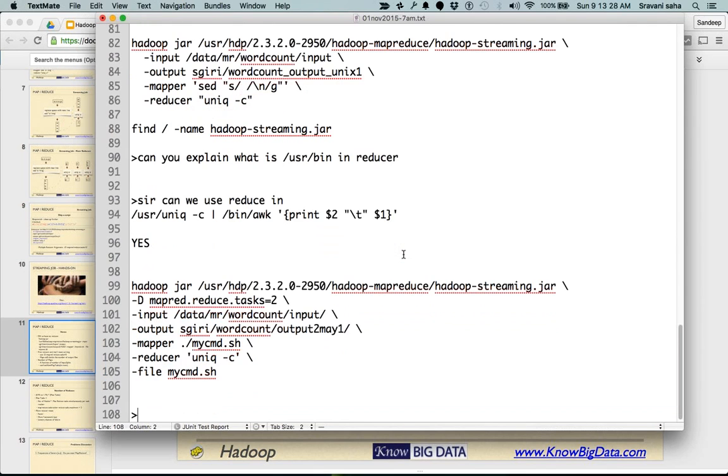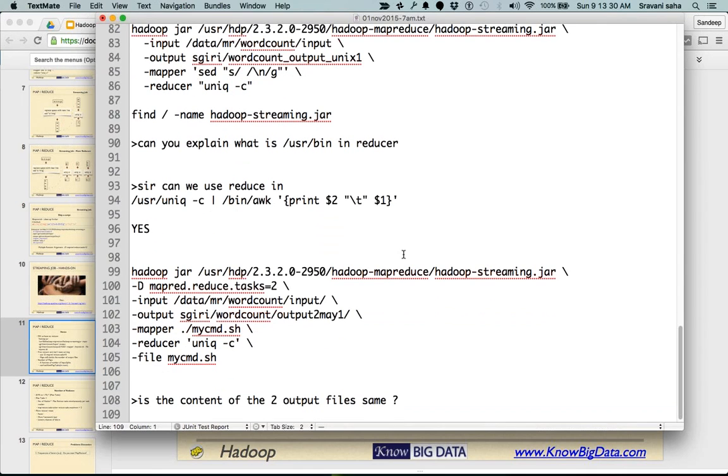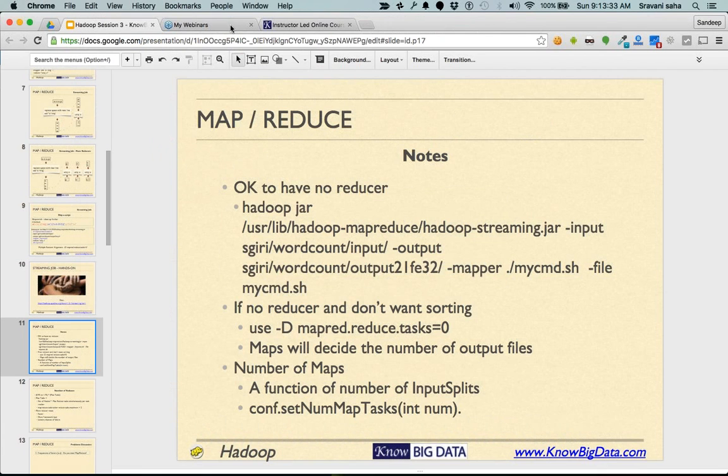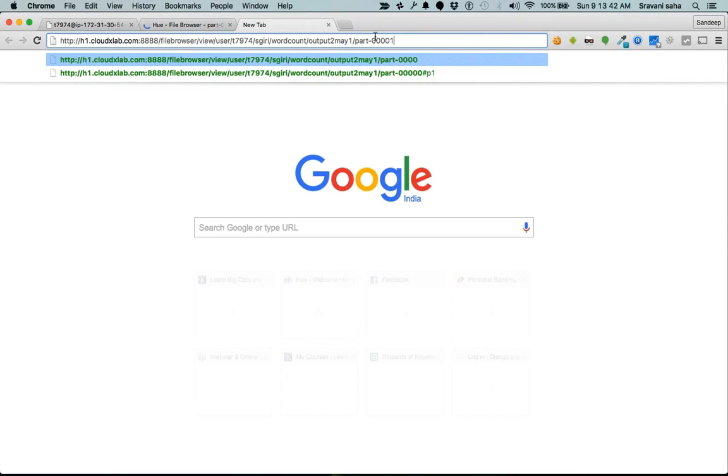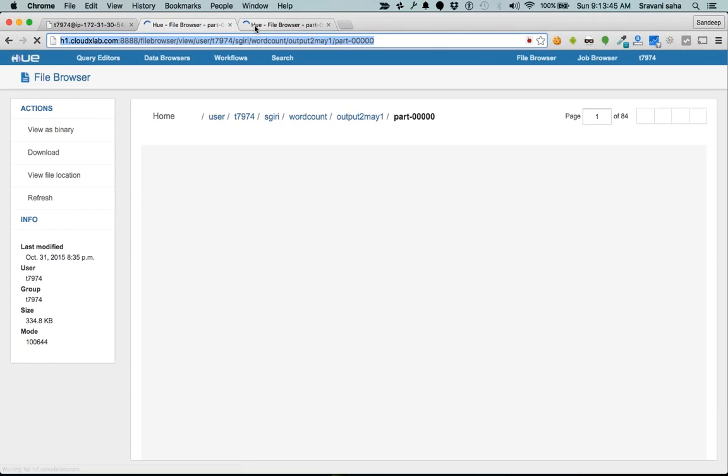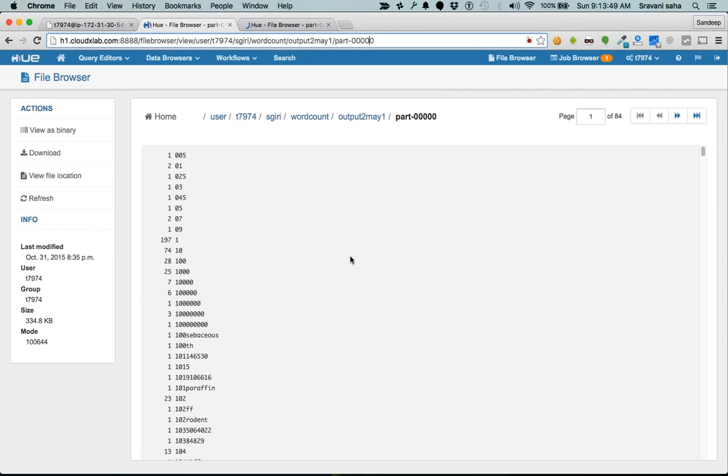Now Murkesh's question is, is the content of the two output files the same? No. The output is not the same. I'll show you why. Have a look at this. Let me open another one with these two files. So this one contains part 001. This one contains part 000. Now you can have a look. So this is the word and this is the count.